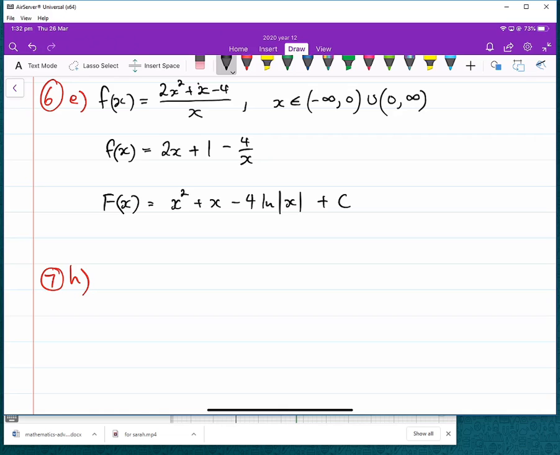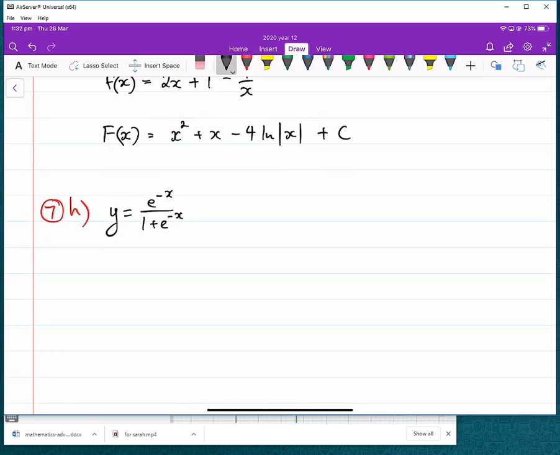So in h we've got, just say the function f of x is equal to, or I might just say y is equal to, just so I don't confuse with f of x, y is equal to e to the power of negative x over 1 plus e to the power of negative x.